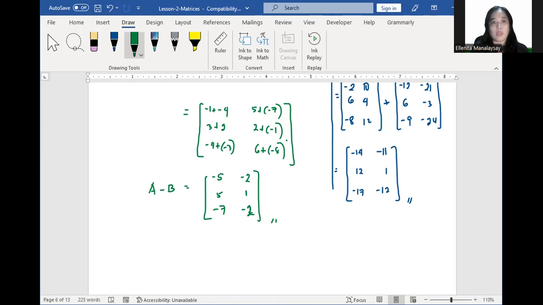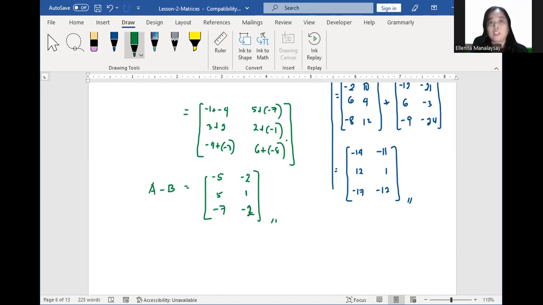Then we were also able to get the sum of two matrices, and we will stick to the fact that it is only defined when the matrices are of the same size, with the same number of rows and the same number of columns.